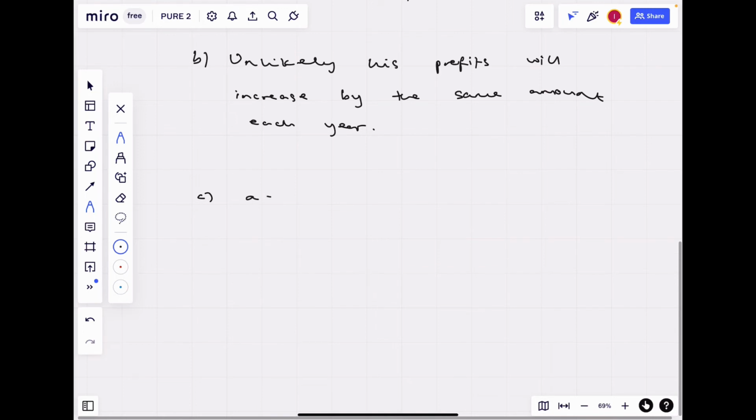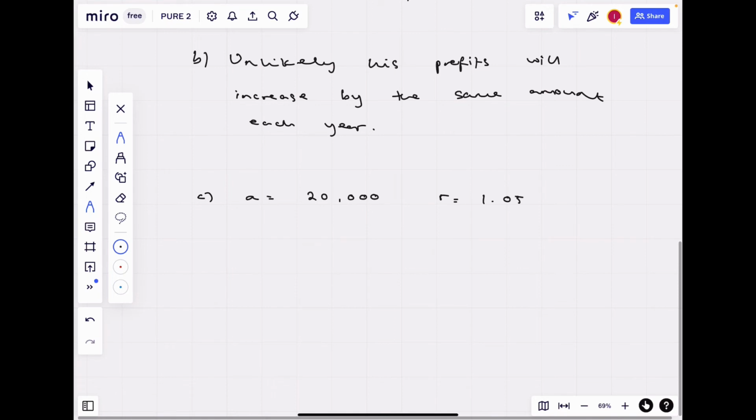Our a remains as 20,000. But are we going to have d or are we going to have r? We're going to have r. And what is that r going to be? 1.05.